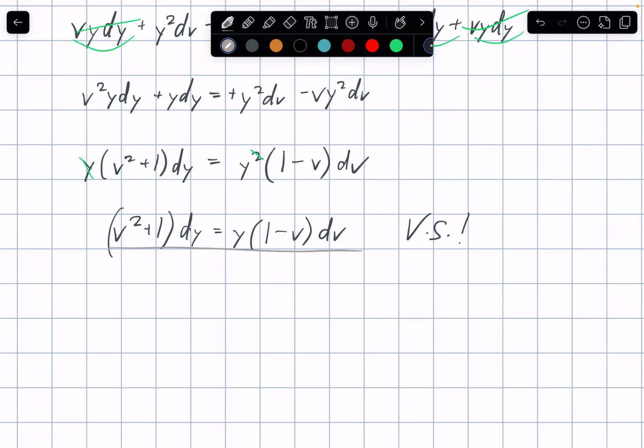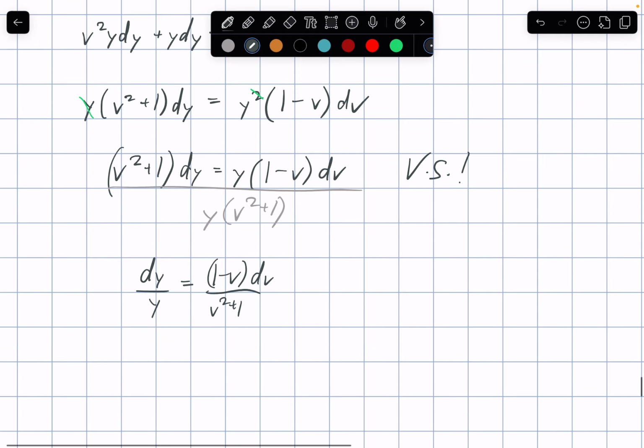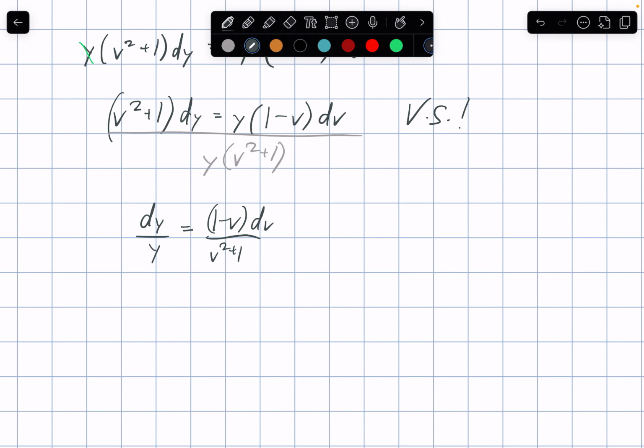Okay, so y and v squared plus 1. That's it. So dy over y equal to 1 minus v dv over v squared plus 1. Okay.